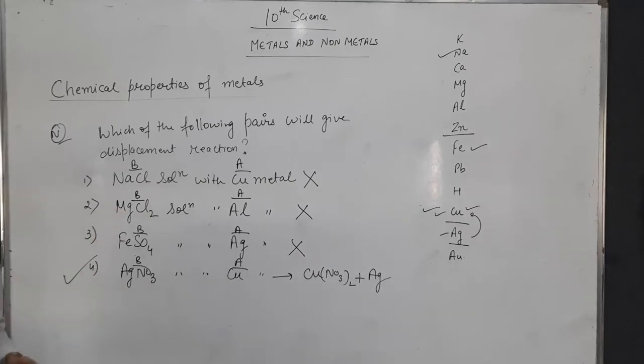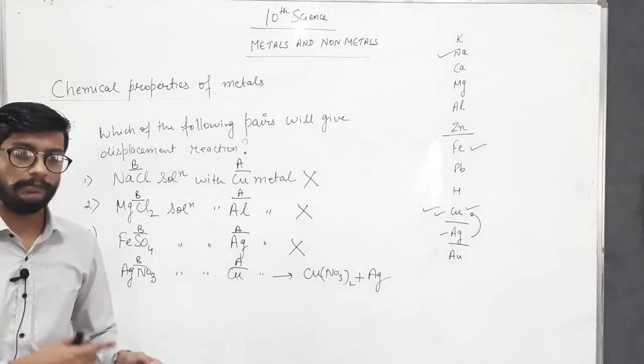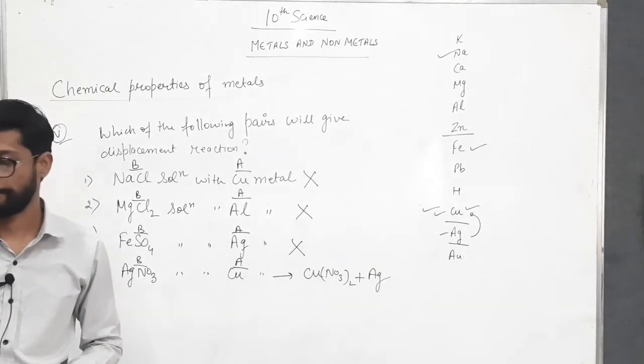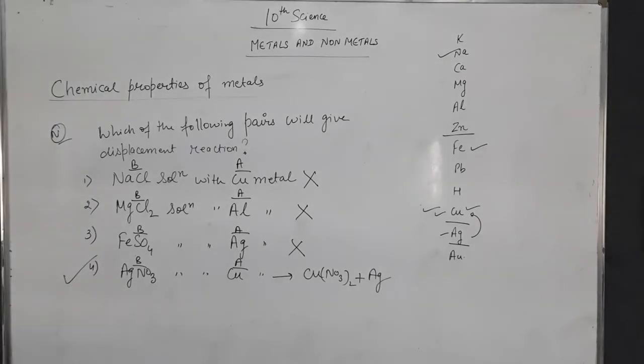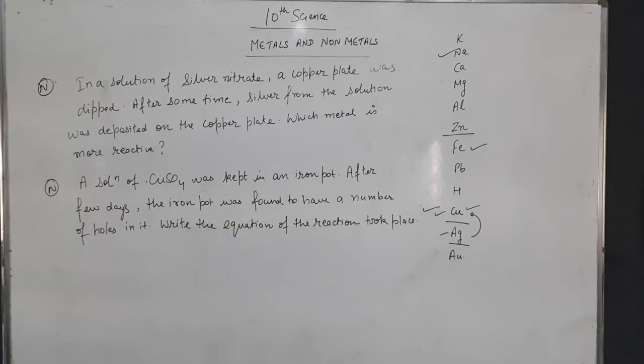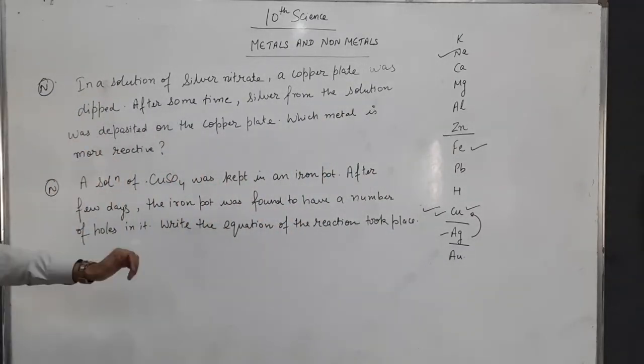So you have to check which pair is showing us the displacement reaction. You have to check whether metal A is more reactive than the metal in the salt solution of metal B or not. Okay, see further. The second numerical.